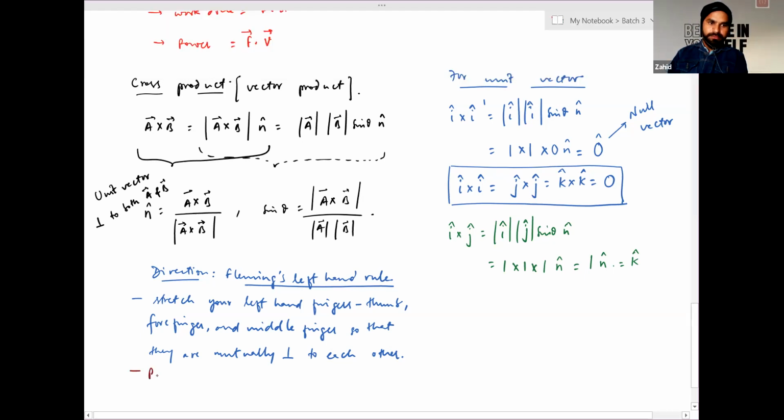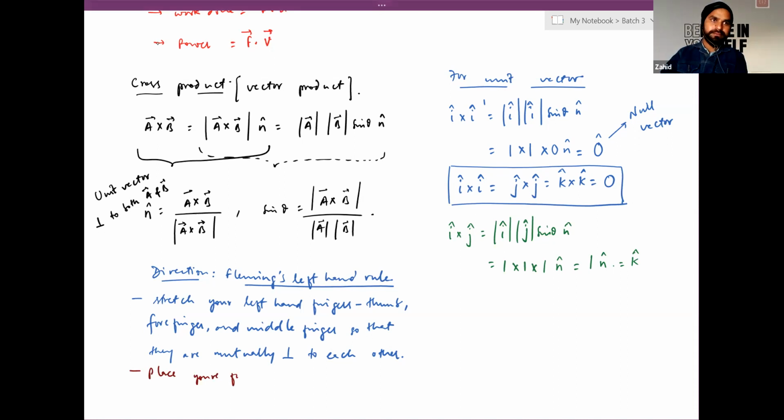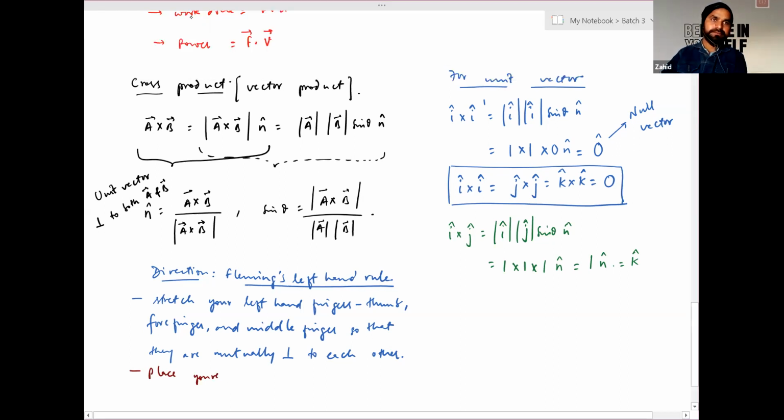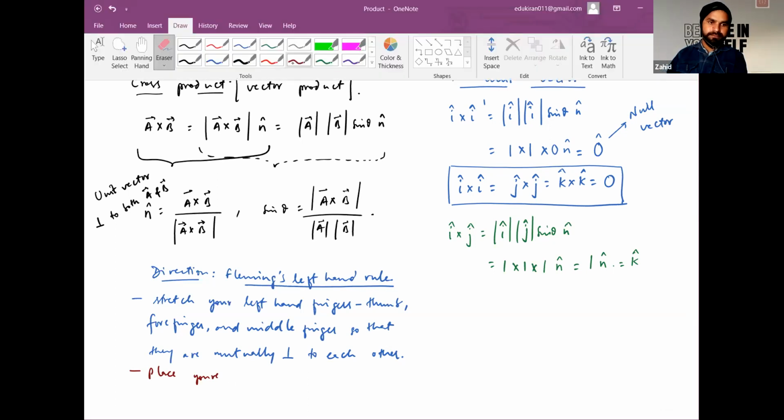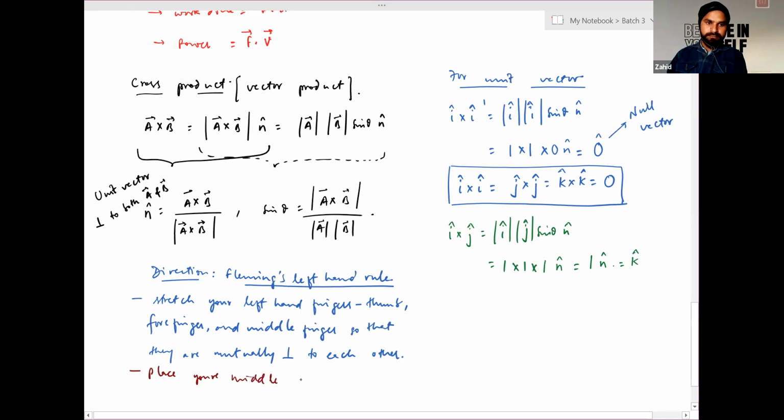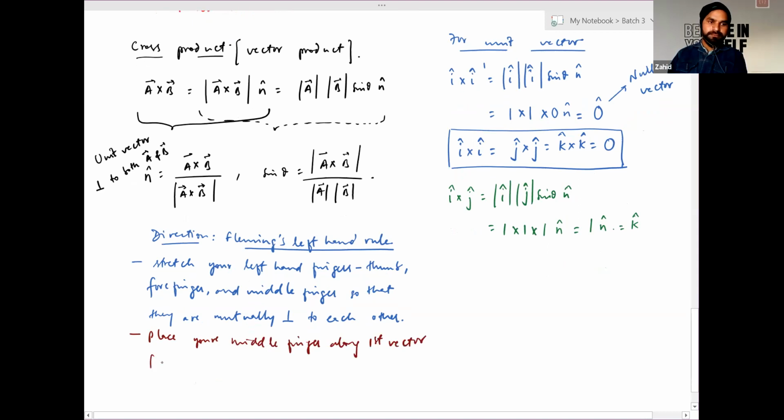So place your middle finger along the first vector, forefinger along the second, then the thumb will point towards the resultant.